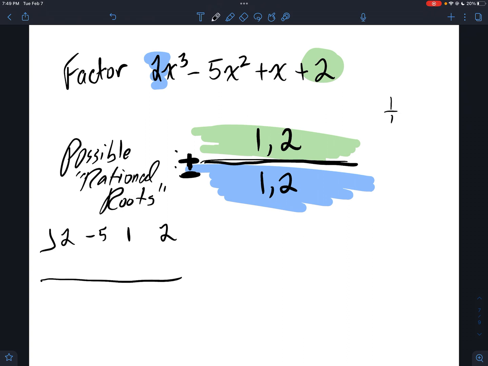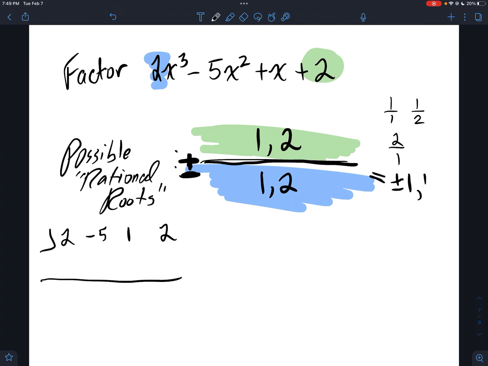So there's really 4 things that could happen. You could take the 1 and divide it by the 1, or you could take the 1 and divide it by the 2. So this divided by this, or this divided by this. Or you could do 2 divided by 1 and 2 divided by 2. But 2 divided by 2, we already had that on our list, so I'm going to erase that.